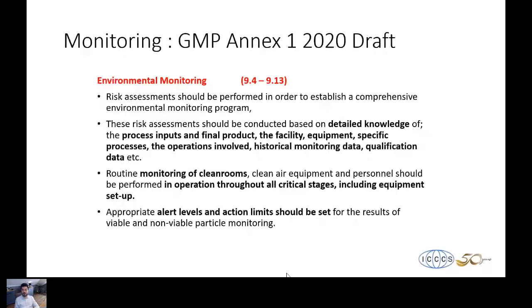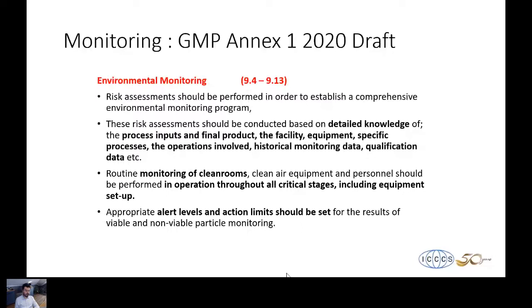This says you should have a detailed knowledge of the process, the process input, and the final product. You should know your facility very well, the specific process applications in your own production, the operations involved, the historical monitoring data as a trend, and qualification data, which you are using for clean room classification.